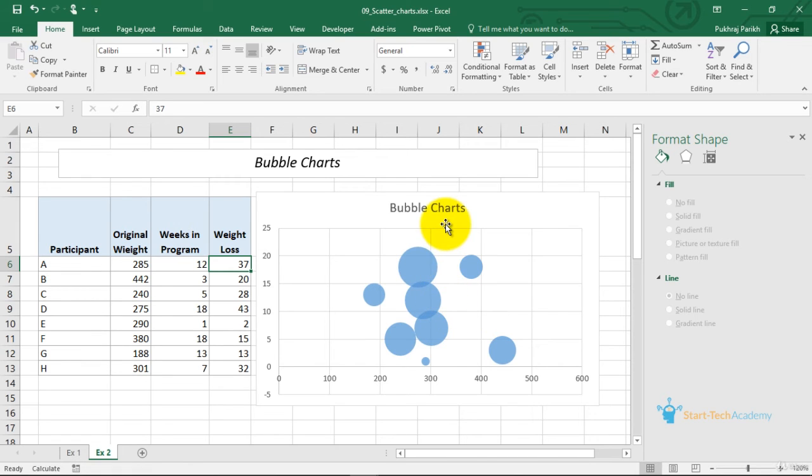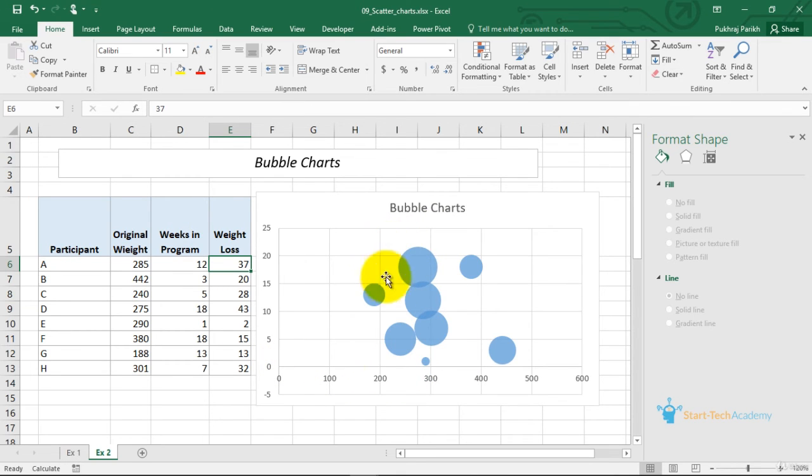For example, most of the weight loss has been achieved by people in this range. So people belonging to the weight category of 200 to 320 probably achieve the maximum weight loss, and at least you should be in the program for 2 or 3 weeks.